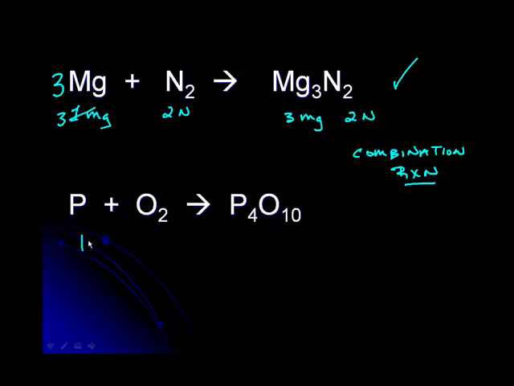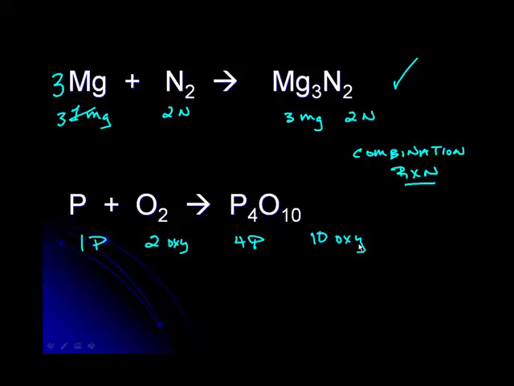I've got 1 phosphorus, and over here I have 4 phosphorus. And on the left-hand side of the arrow, I have 2 oxygens, and on the right-hand side of the arrow, I have 10 oxygens. It generally does not matter where you start, okay?